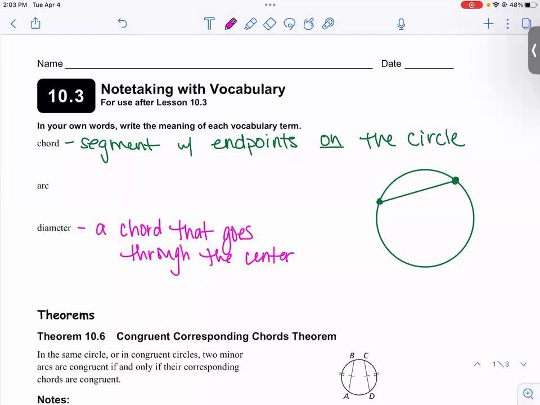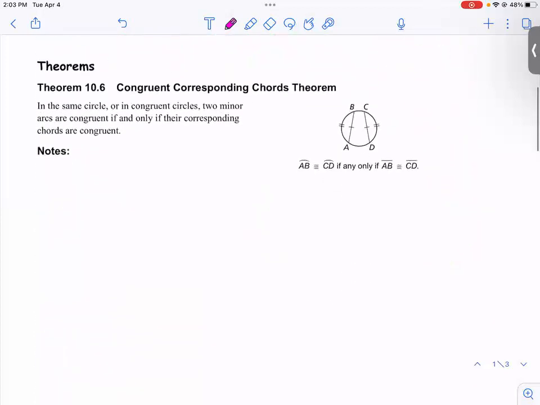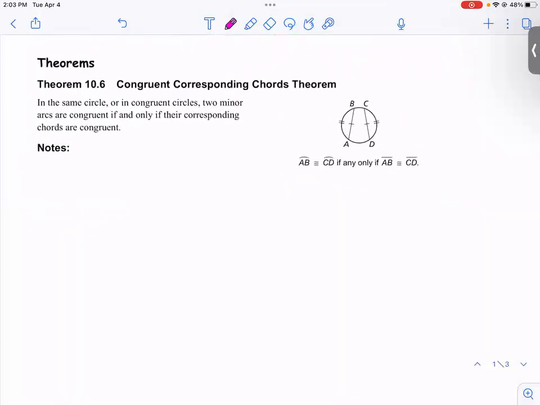So we have some theorems that we need to talk about. The first one is the congruent corresponding chord theorem. And this says if we have, in the same circle or congruent circles, two minor arcs are congruent if and only if their corresponding chords are congruent.